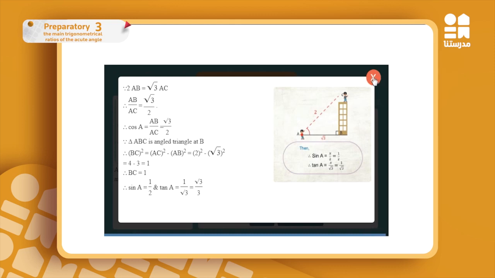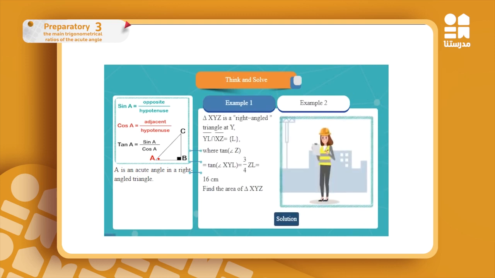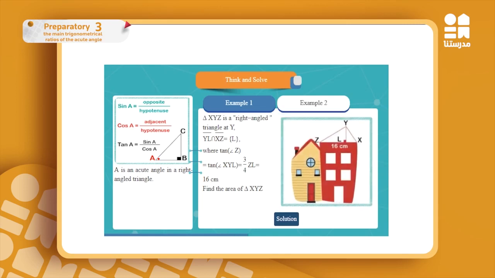Now, we can get the values of sine A and tan A, where sine A equals x over 2. By substituting the value of x, sine x equals 1 over 2. This is the same as the value of tan A, which equals 1 over square root 3. To solve another example, click on the next tab.